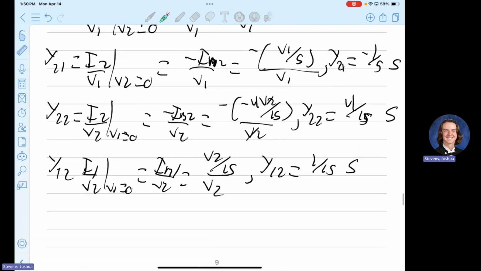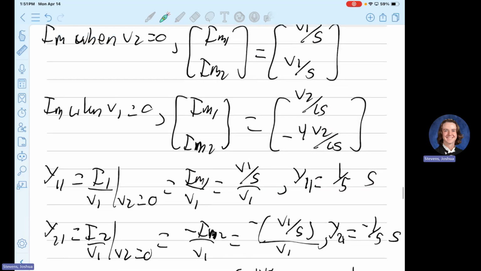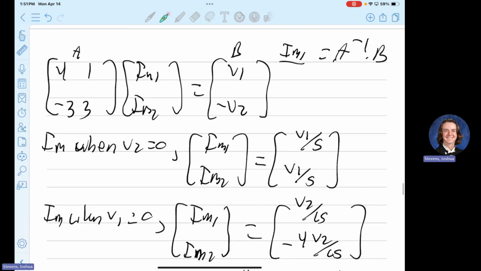So when you take the negative of IM2 and negative 4 V2 over 15, it becomes a positive. Can I see your calculator? No problem.